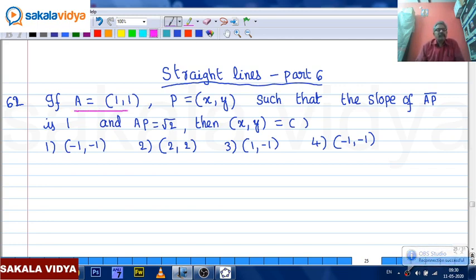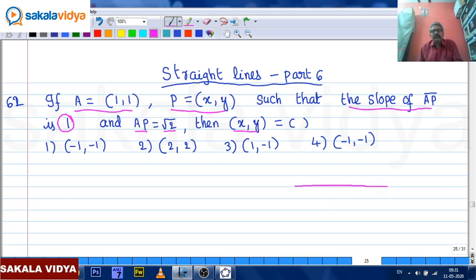A equals 1 comma 1, P equals x comma y, such that the slope of AP is 1. The distance from A to P is root 2 units. Then we need to find x comma y.